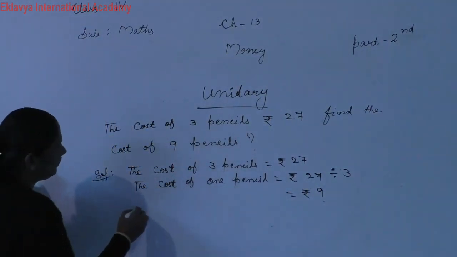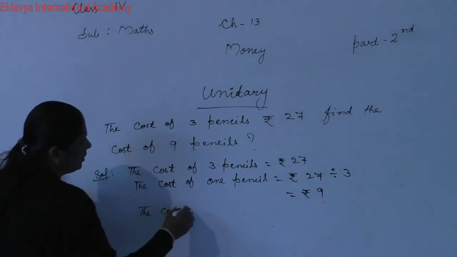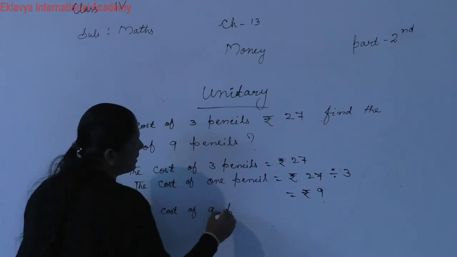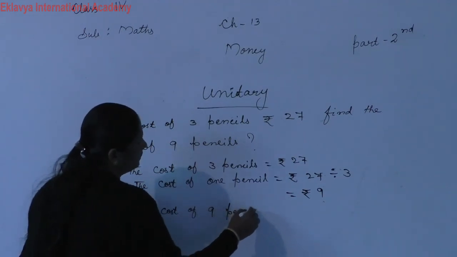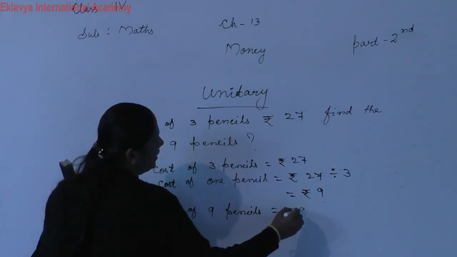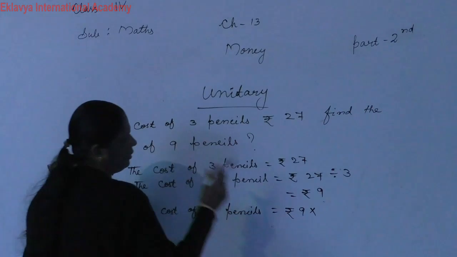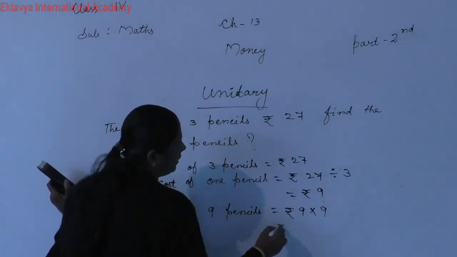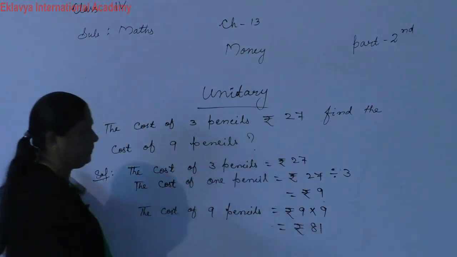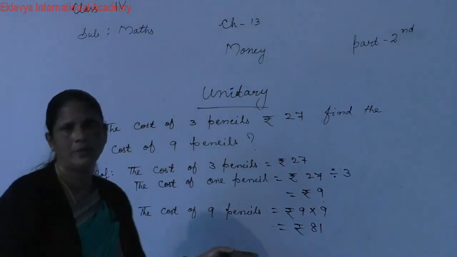Then third line: the cost of 9 pencils is equal to rupees 9 multiply 9, which is rupees 81. This is the unitary method. You understand now? Yes. Thank you.